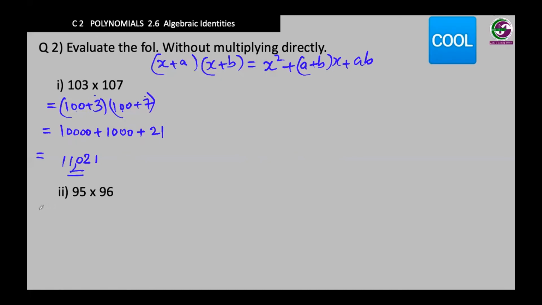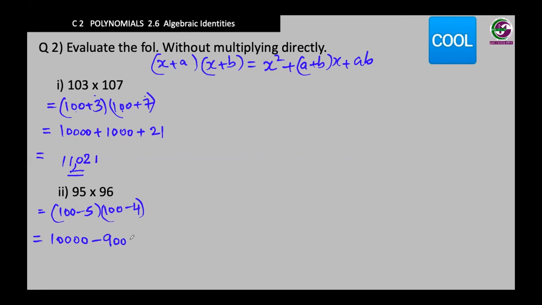Moving on to the second one. Let's rewrite. This can be written as 100 minus 5 and again 100 minus 4. First terms are the same, second terms are not the same. So we have a and b. So how do we rewrite? Square of the first term, 100 squared is 10,000. Add the second terms. So it is negative 9 with 100, negative 900.